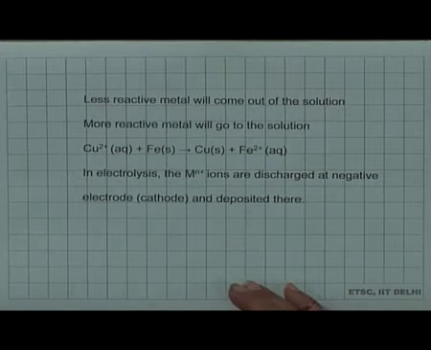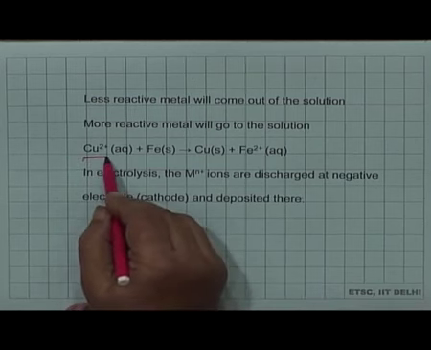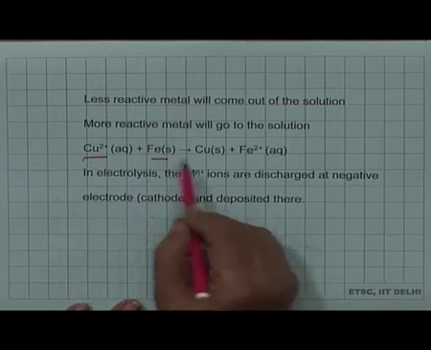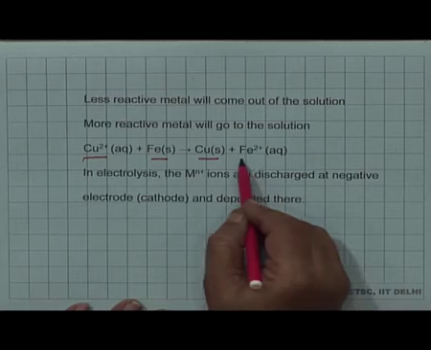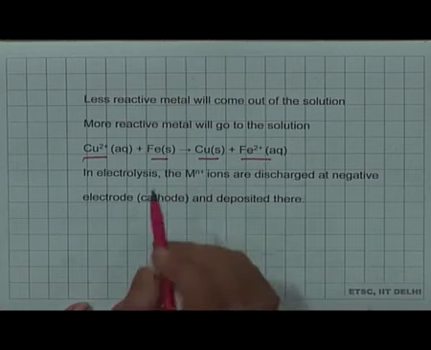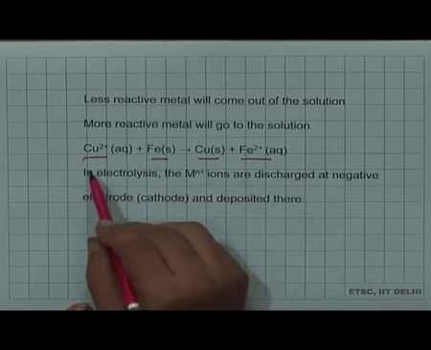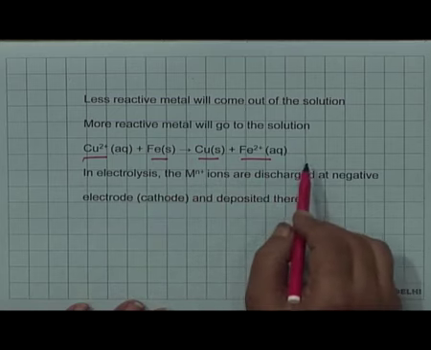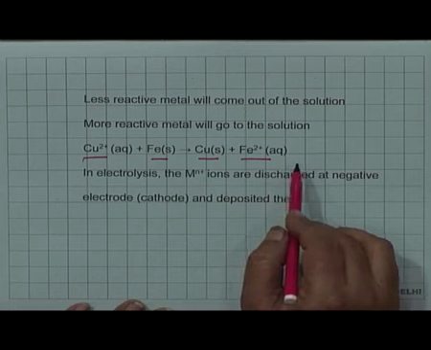Let me give you an example. You have copper and iron 2 in this reaction. Iron is a more reactive metal than copper, so it goes into the solution when this reaction happens.